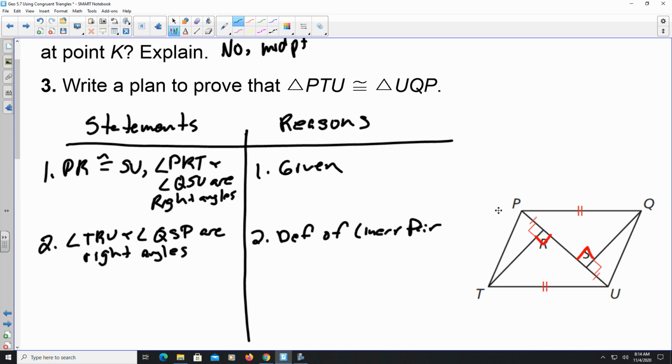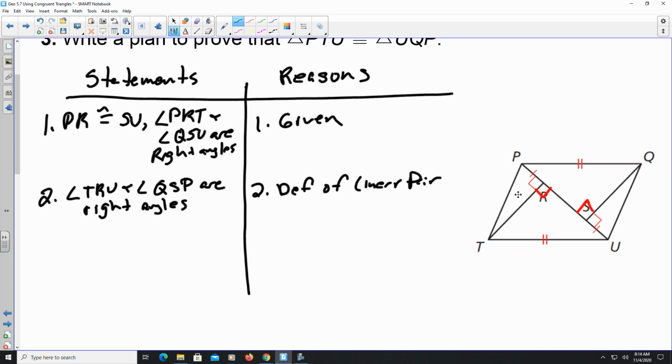With that, I'm going to look at this line segment right here. With that line segment, I'm going to say that TR plus RU will be equal to PU.